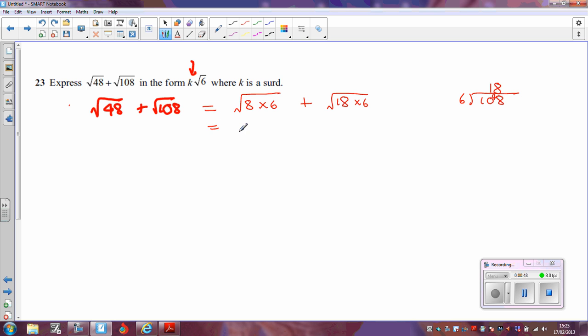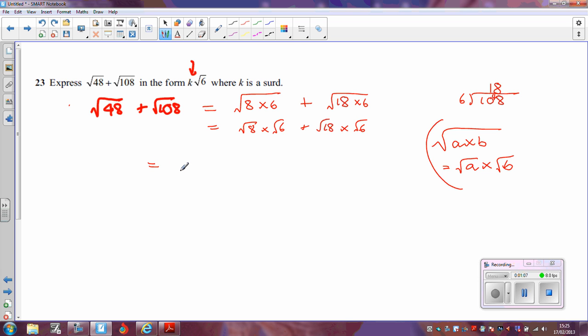And I can write that as root 8 times root 6 plus root 18 times root 6, just splitting up. Remember, I know that the square root of a times b is just the same as root a times root b. So I'm just using that property of surds there.